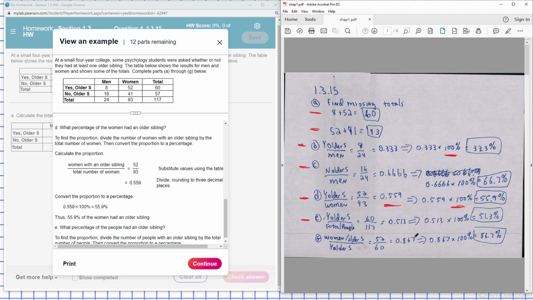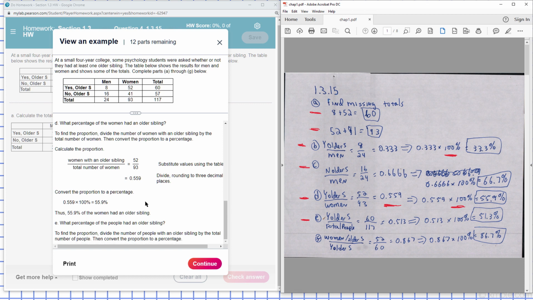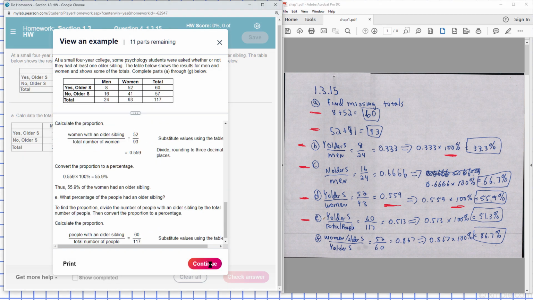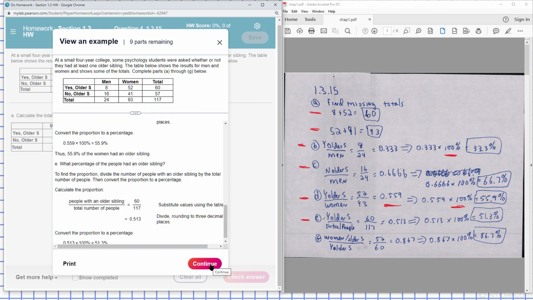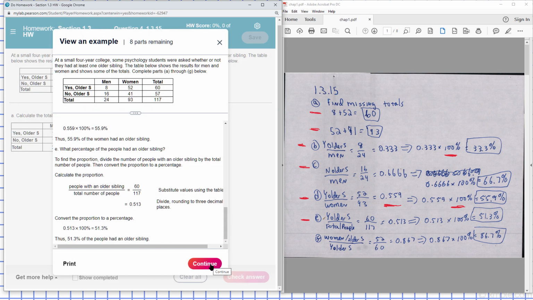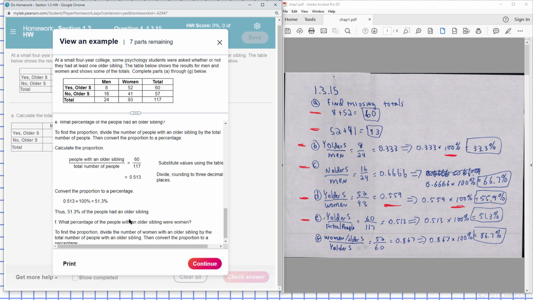Okay, next one here, part F. What percentage of the people with an older sibling were women?